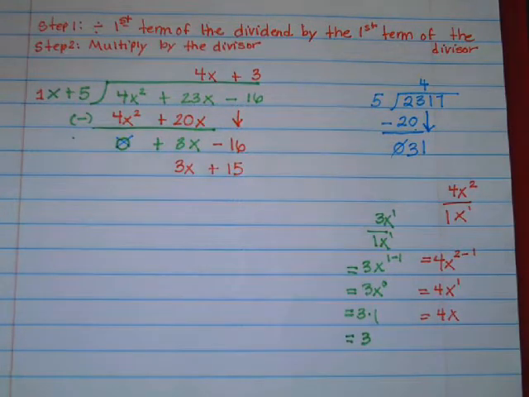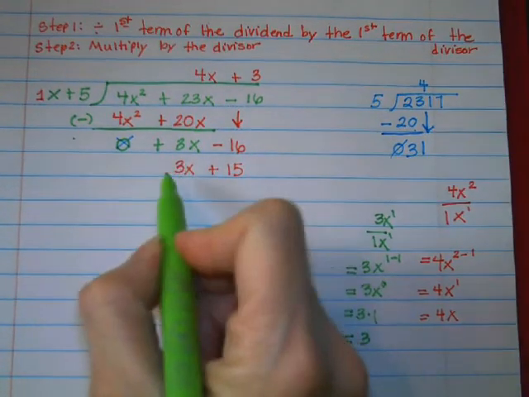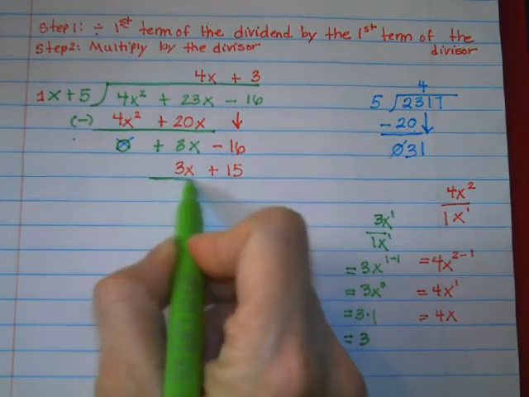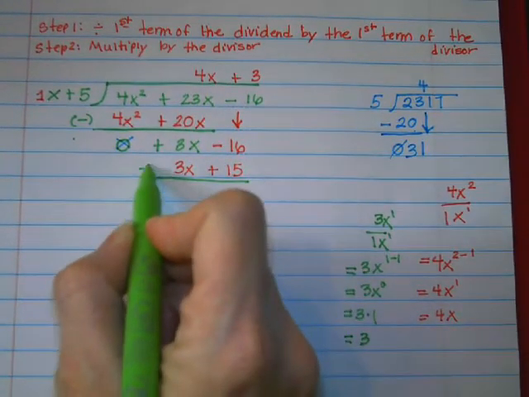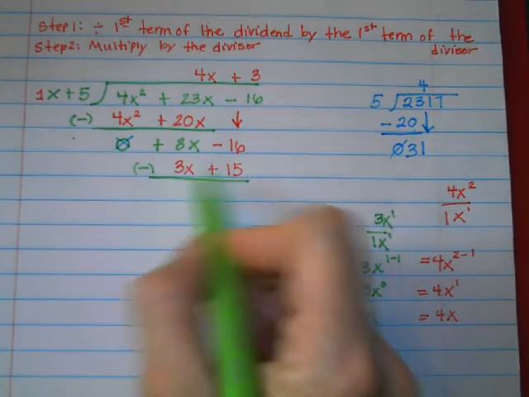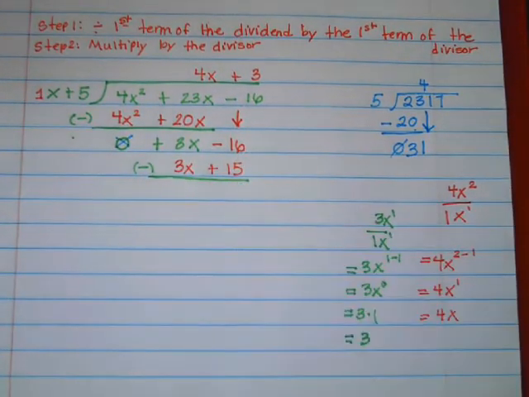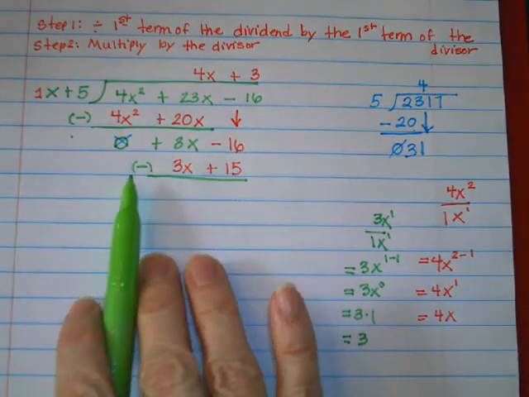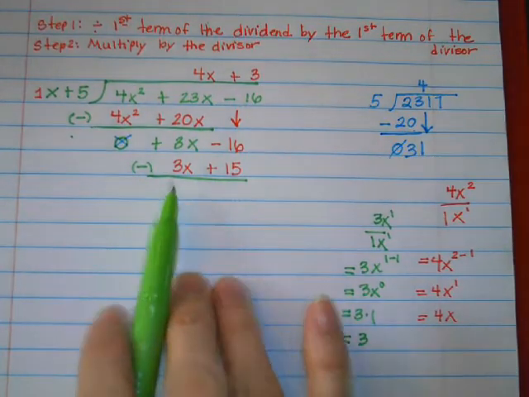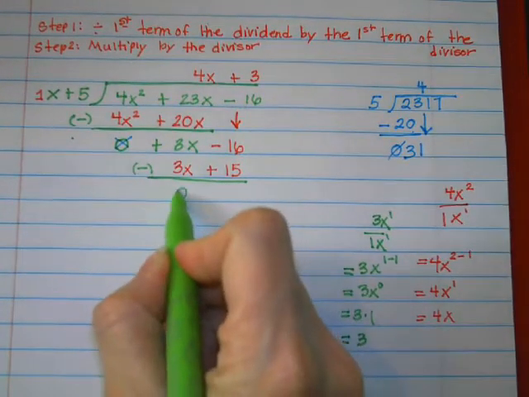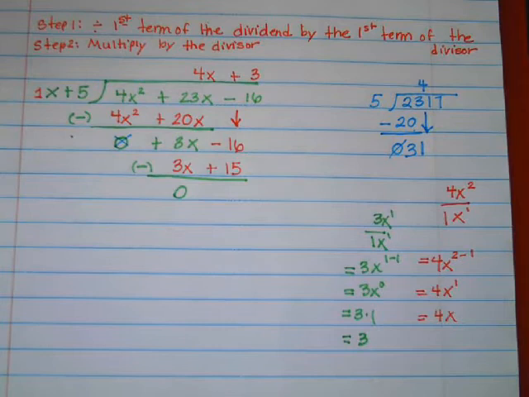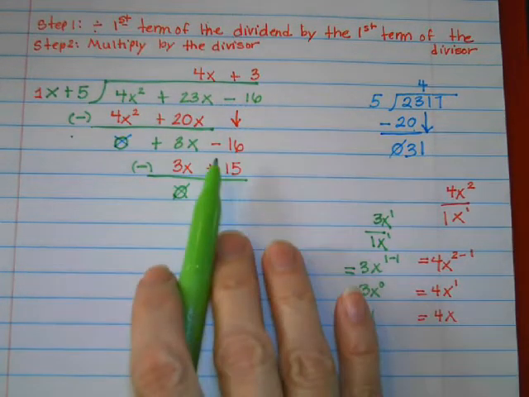Well, just like before, once we multiply, we take and we subtract. And again, we must subtract each column. So 3x minus 3x is 0. And again, we really do not need this 0. Then we have negative 16.